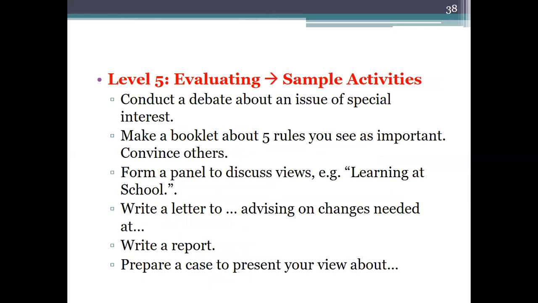Sample activities related to this level might be: conduct a debate about an issue of special interest, make a booklet about 5 rules you see as important for convincing others, form a panel to discuss views, write a letter advising on changes needed, write a report, and prepare a case to present your view.